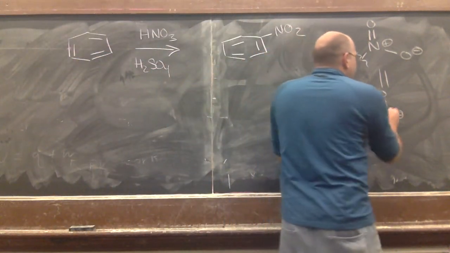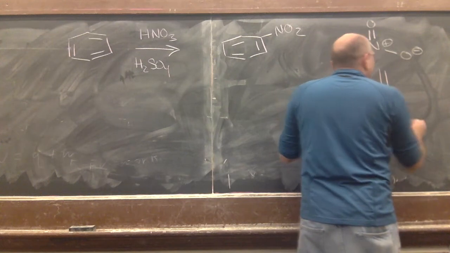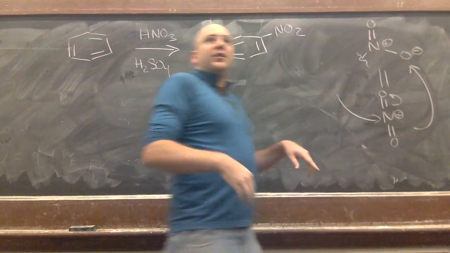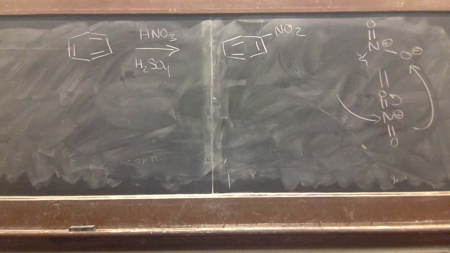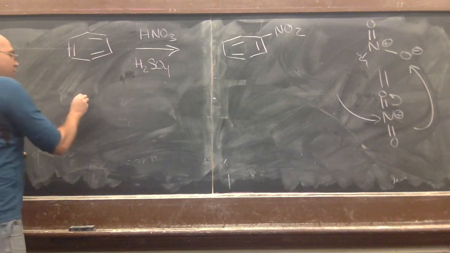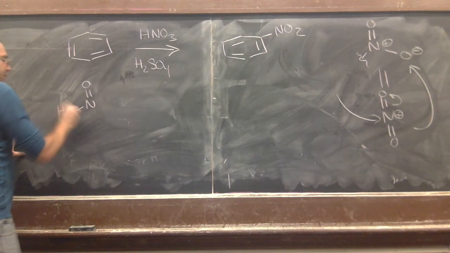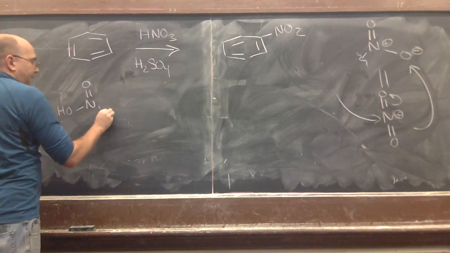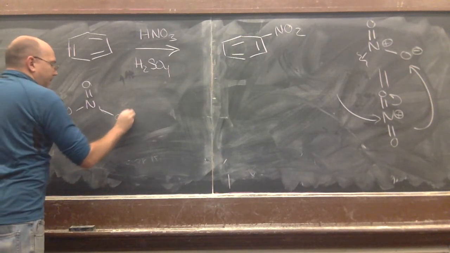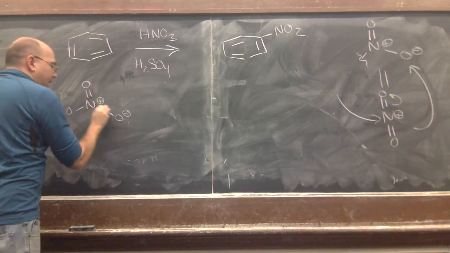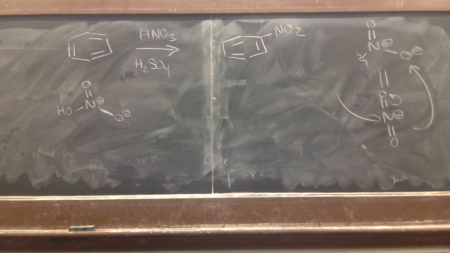Once we add in, we'll get to this molecule here. And in fact, you've got sulfuric acid in there, so technically that could be protonated as well, but let's just stick with this. So if we think about nitric acid, nitric acid looks like that.